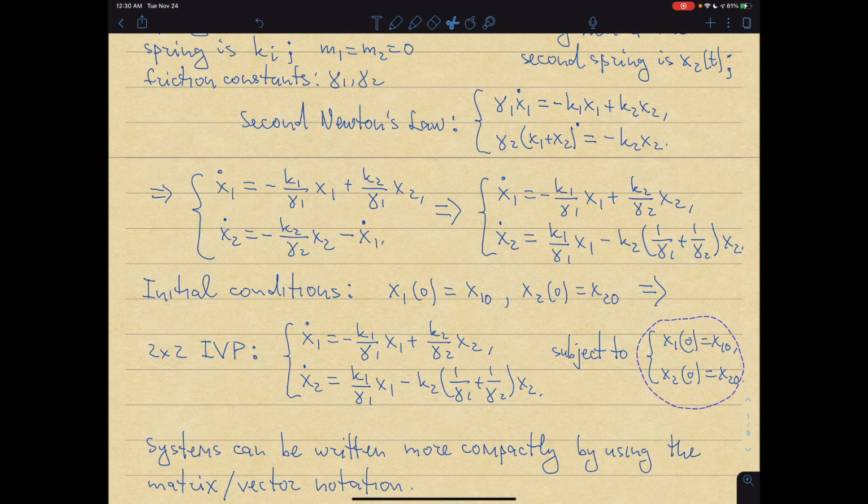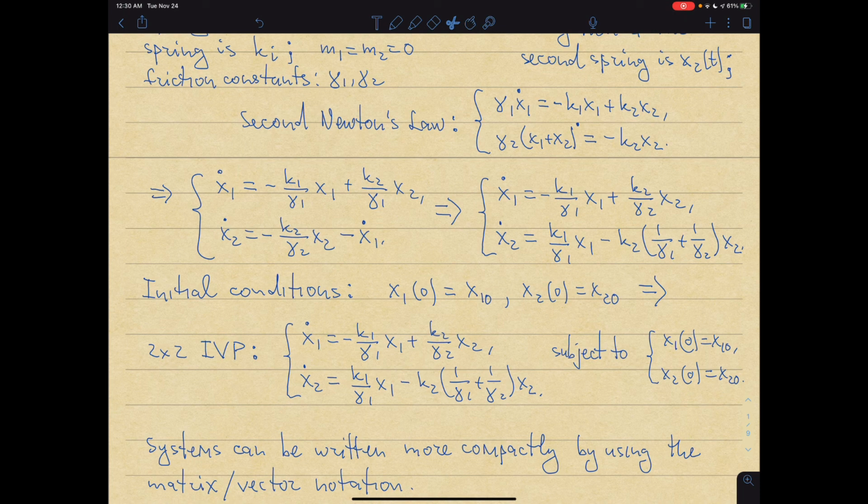So the structure is very similar to what we have seen before, except that we have to deal with two ODEs that are coupled, right? I have to know both x1 and x2 to find x1 dot and x2 dot. I cannot just solve the ODE for x1 and the ODE for x2. Those are coupled here.